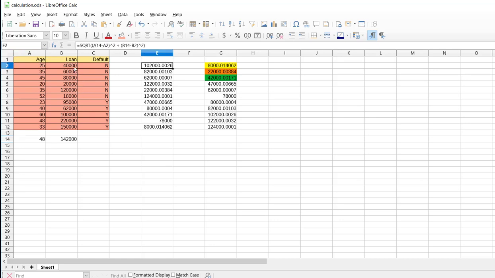For each feature, I have given 48 minus 25, that means A14 minus A2, then squared it, plus for feature B, that means loan, 142k minus 40k, that is B14 minus B2, and then taken the square root of the whole thing. Similarly I have done the same for other data points. So these are all the distances I got.